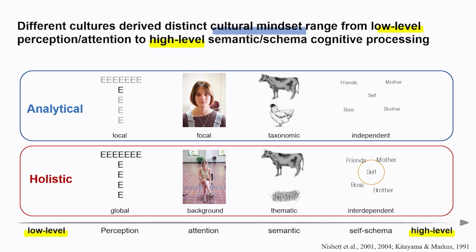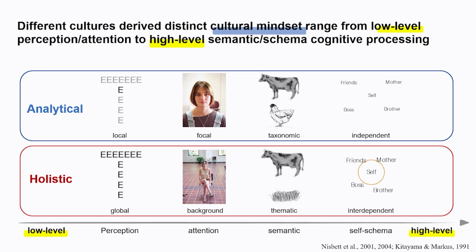For example, in low-level cognitive processing, such as perception, Westerners tend to focus on the center of the wheel, while Easterners tend to focus on the background of the wheel. And at the high cognitive level, such as semantics, Westerners tend to represent a concept based on its essential property.